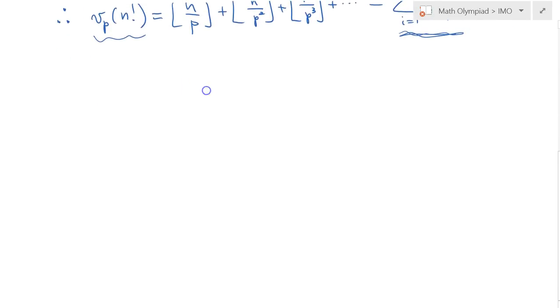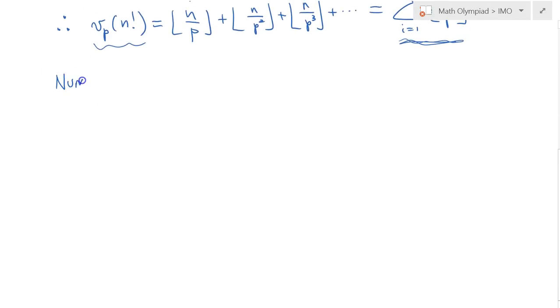Let's start from the numerator. Remember, we need the numerator to exceed the denominator in the power of p. So for the numerator, remember our numerator is equal to 2m factorial times 2n factorial.